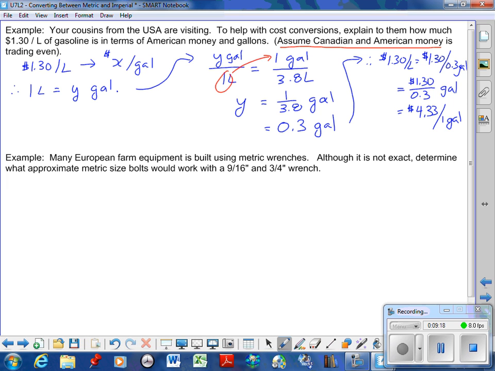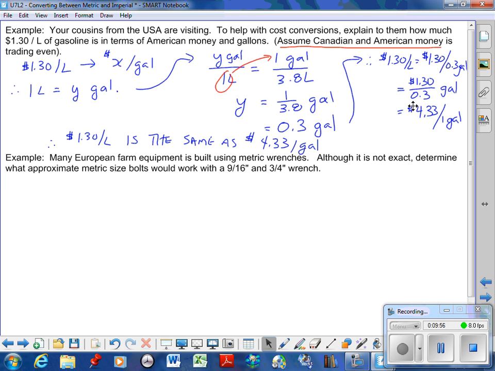So $1.30 per liter is the same as $4.33 a gallon in the U.S. If they're comparing with what the price was wherever they're coming from, Florida, Alabama or Georgia, you can say, well, we're paying $1.30 per liter. It's about $4.33 a gallon, and they'll look at you crazy because their gas prices are actually a lot lower than ours, due to a combination of things: competition, taxes, etc.